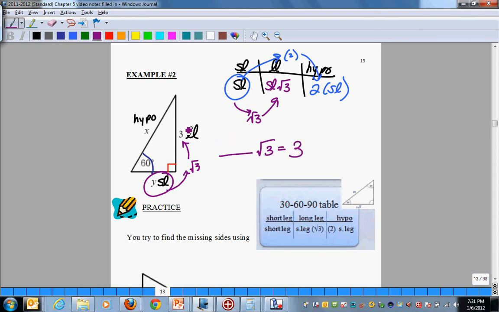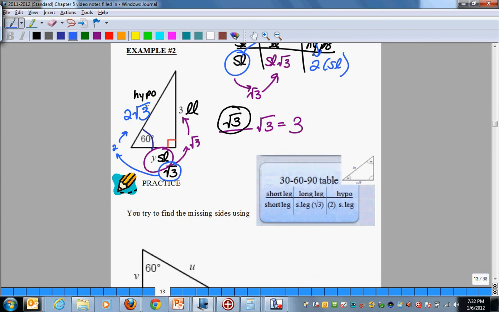Whatever that is going to be our short leg. We learned in a previous lesson that any radical times itself is just the radical inside. So our blank here is simply going to be root 3. So our short leg is root 3. For the hypo, we times by 2, so our hypo is going to be 2 root 3.